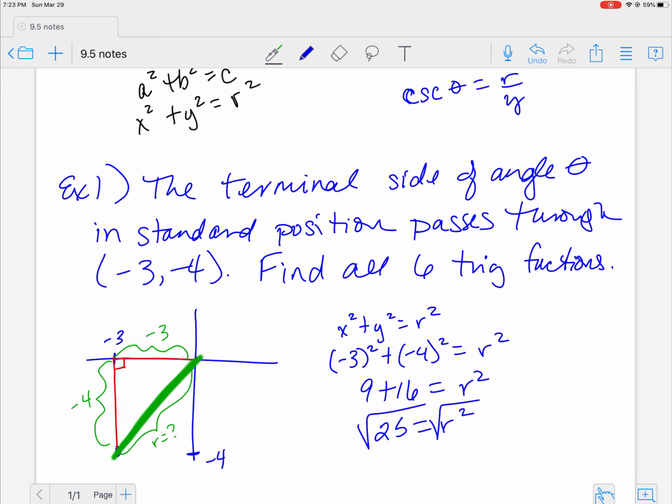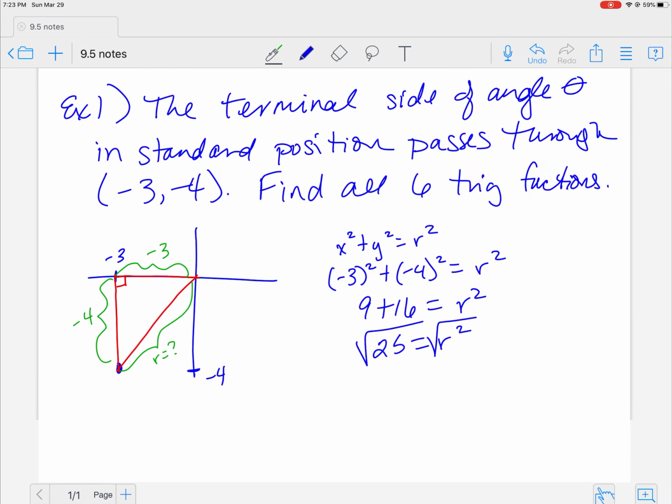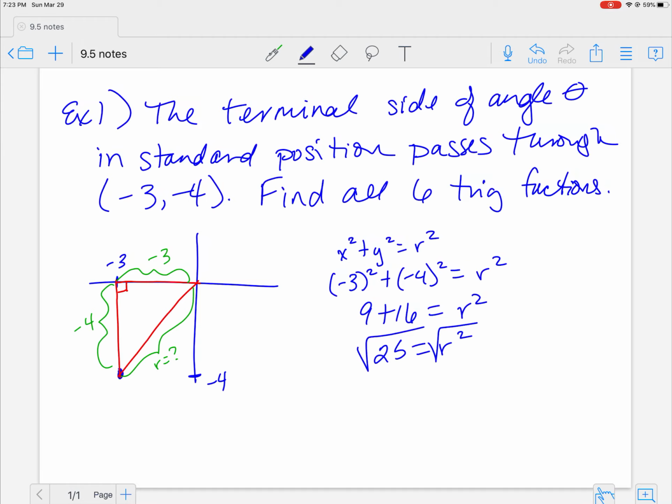In this instance, we are specifically talking about a distance. The distance of your hypotenuse is always, always, always positive, so you don't have to worry about the plus or minus situation here. So I know my r value is 5.